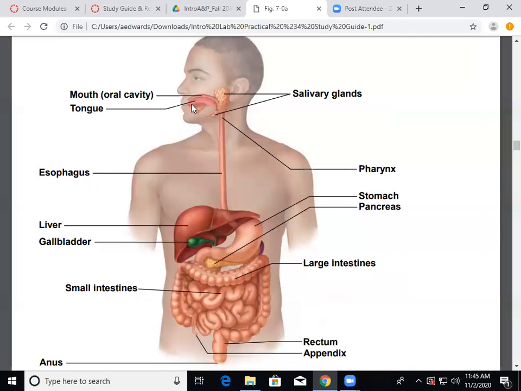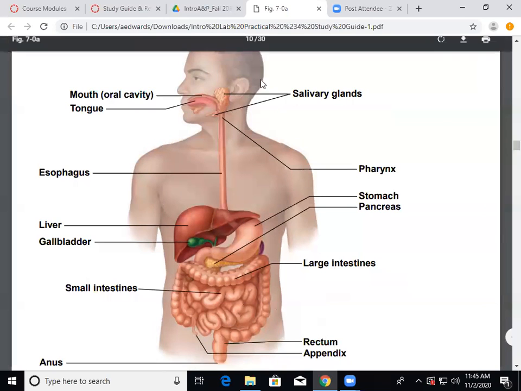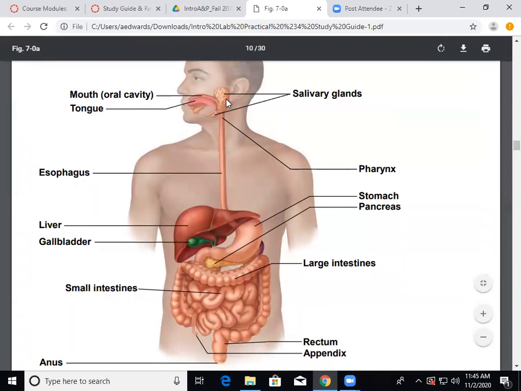The mouth is your oral cavity. You have a tongue, and you have taste buds on your tongue. It also helps with mashing your food down, making chyme. You've got salivary glands to help break down your food. You can also see a bit of the pharynx.